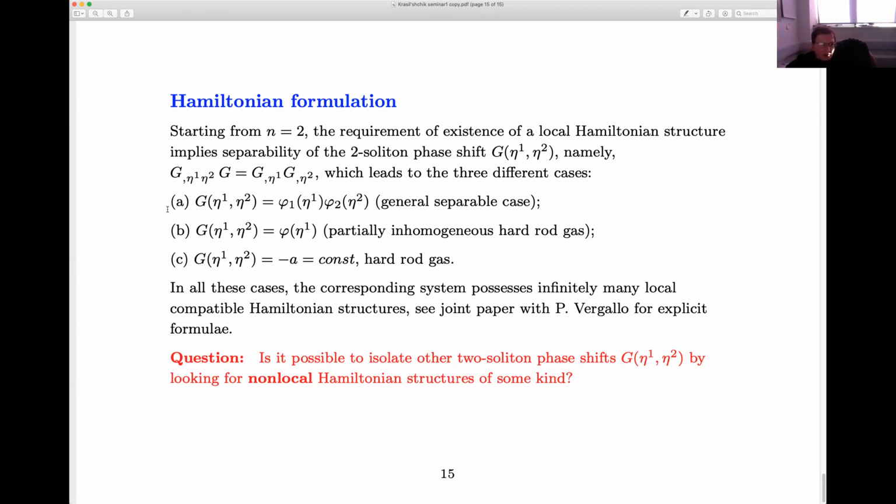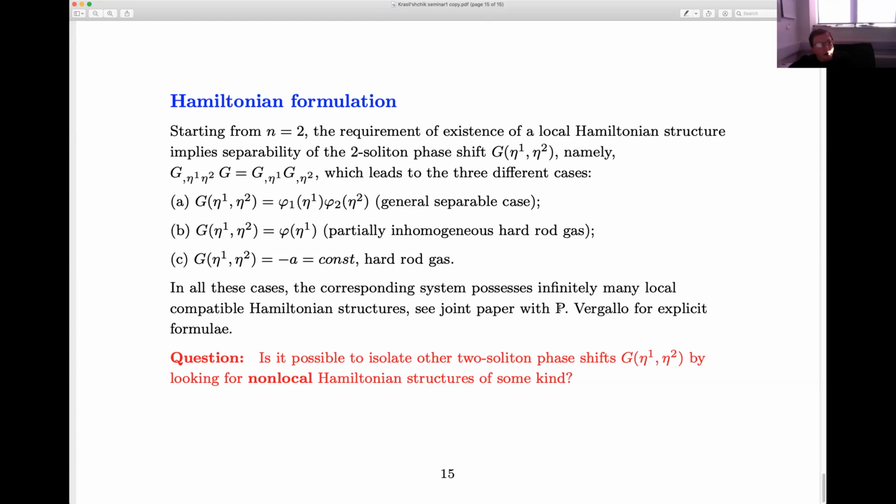But this case, as far as I know, hasn't appeared explicitly. In these cases, we have explicit formulas for Hamiltonian structures. I'm not showing them here. They are not terribly complicated. They are explicit and very reasonable. I just don't want to load you with formulas. You can look at our paper with Pierandrea Vergallo.